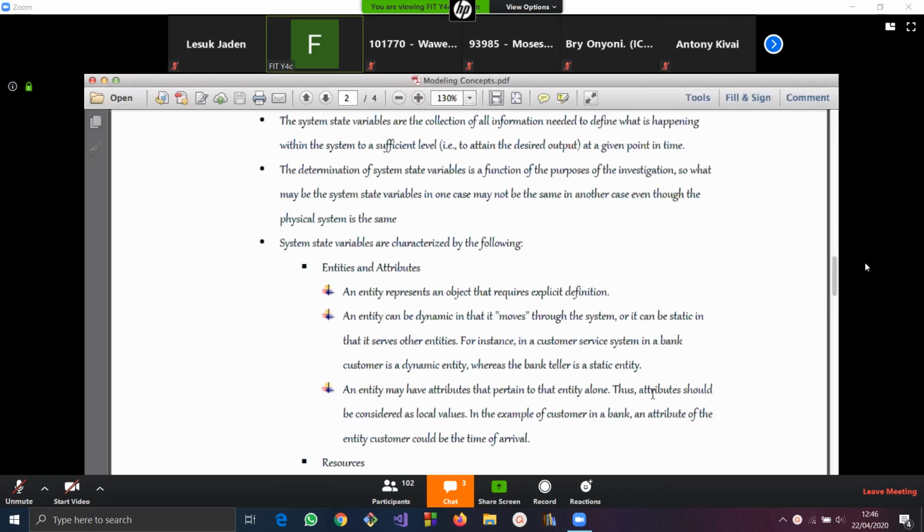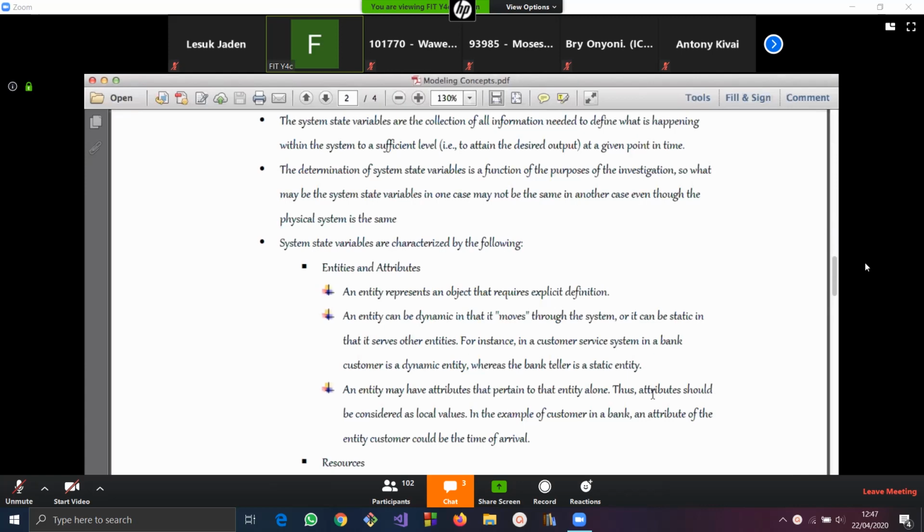An entity may have an attribute that pertains to that entity alone. That attribute should be considered a local value. An example of a customer in a bank: an attribute of the entity customer could be the time of arrival. The time of arrival for customer 1 is different from the time of arrival of customer 2, because they are going to be different.